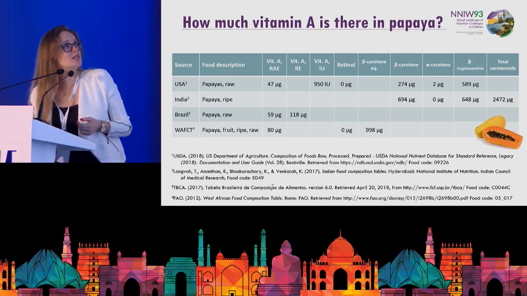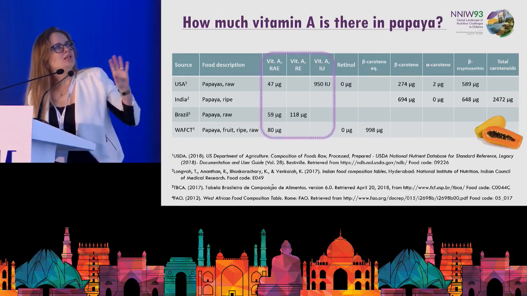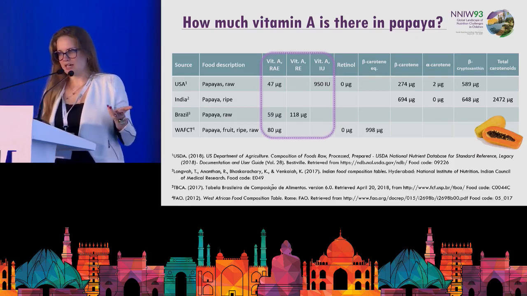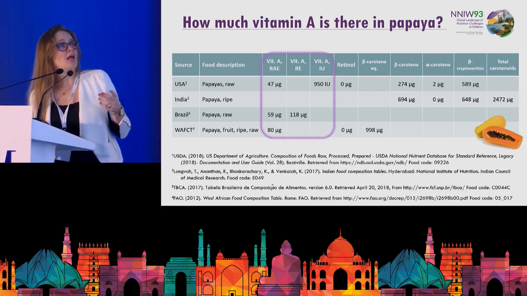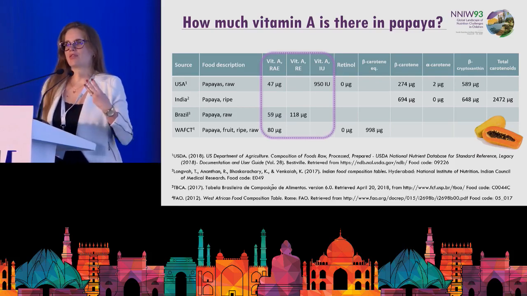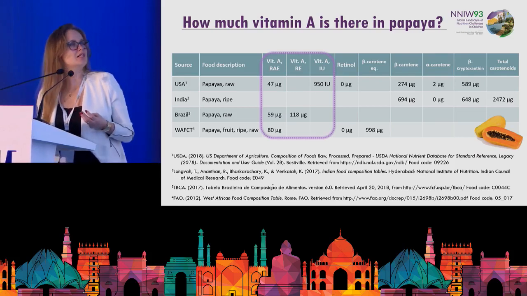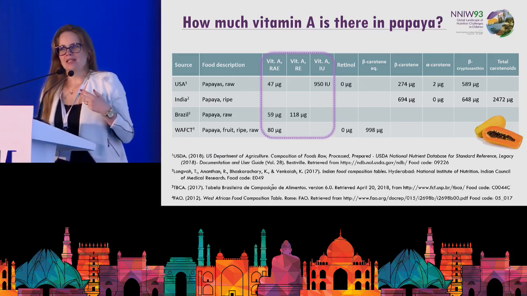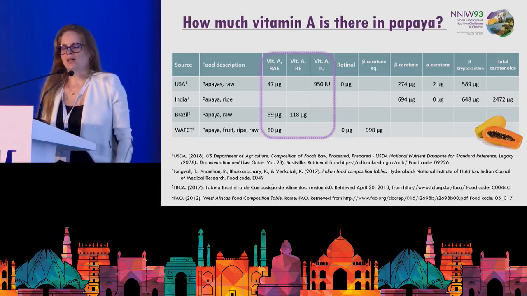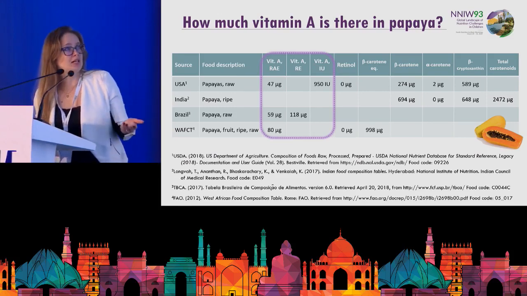But if we look only into these 3 first columns where we have the total vitamin A, looking into 4 different food composition tables, we can find 3 different definitions for vitamin A, 3 different ways to calculate. And for none of them do we have the information in all databases.